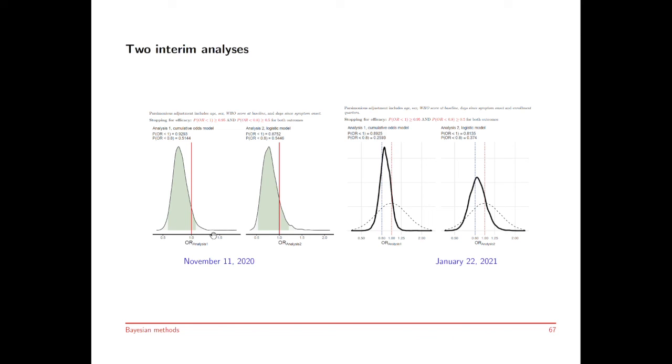odds ratio in this case of the cumulative odds model. So that's the first outcome. This is the posterior probability that we are interested in for the binary outcome. That's for November 2020, January 2021. What we ideally would see is that this posterior probability goes towards the negative side, towards the left.